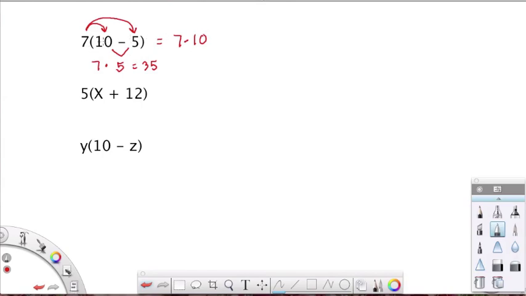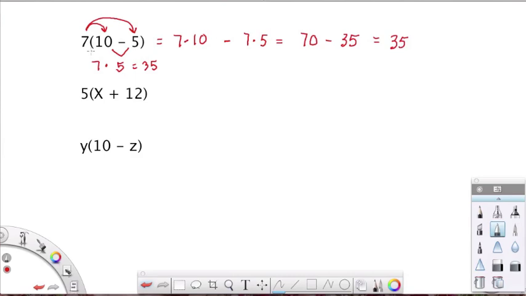We distribute 7 to 10, and we also distribute 7 to 5, minus 7 times 5. And what does that end up equaling? Well, 7 times 10 is 70, minus 7 times 5, which is 35, and 70 minus 35 is 35.